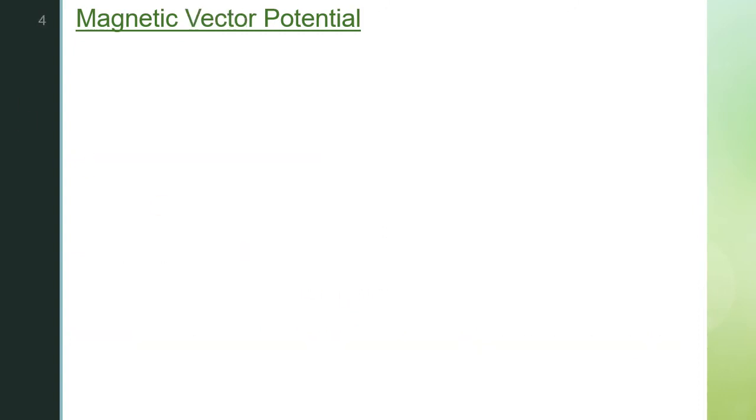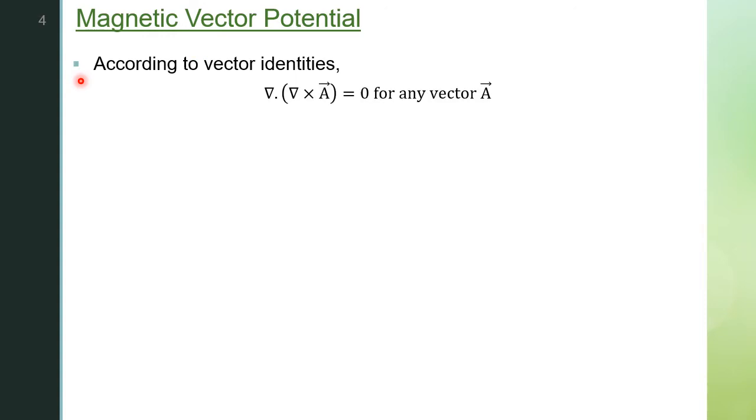Next we'll be discussing the magnetic vector potential. According to another vector identity, the divergence of the curl of any vector A is always equal to 0. That is, del dot del cross A is equal to 0. Now, considering Maxwell's equation, the Gauss law for magnetostatics, del dot B is equal to 0. That is, the net magnetic flux through a closed surface is always equal to 0.